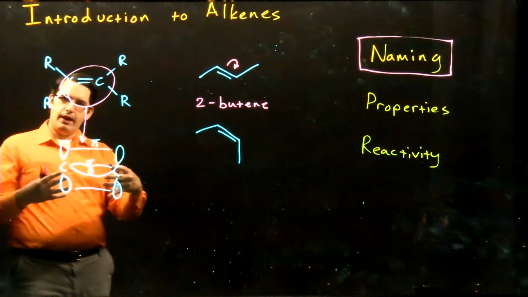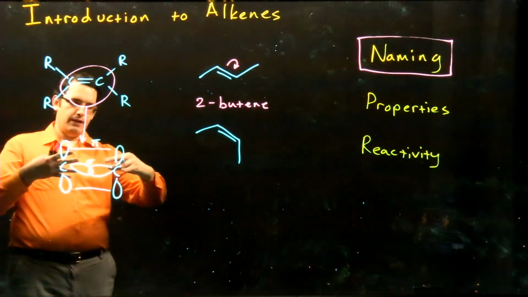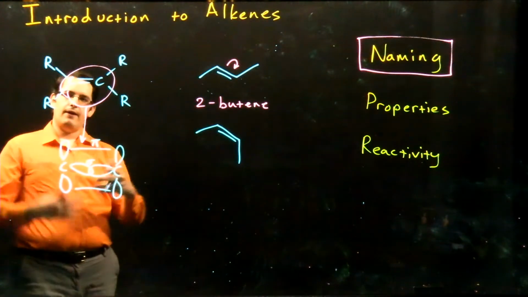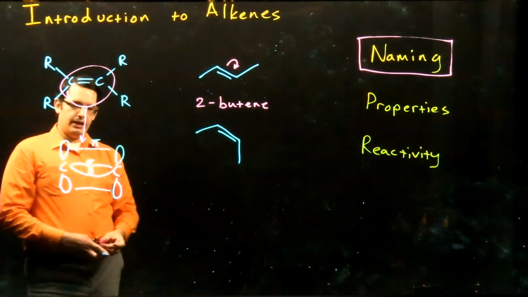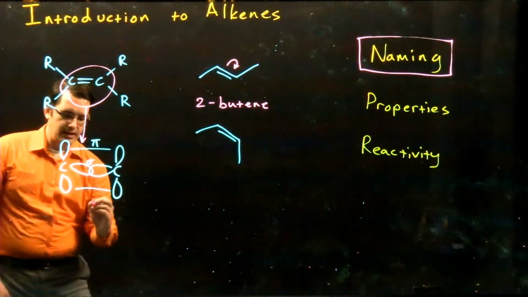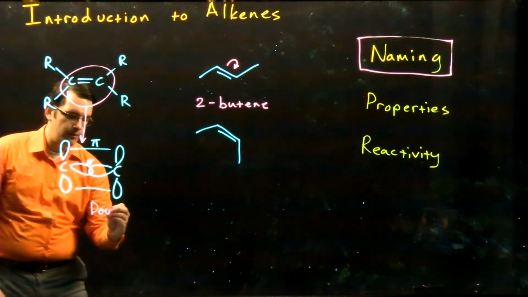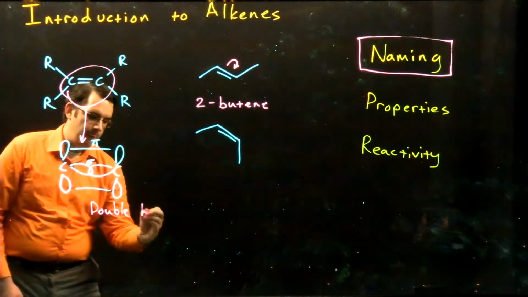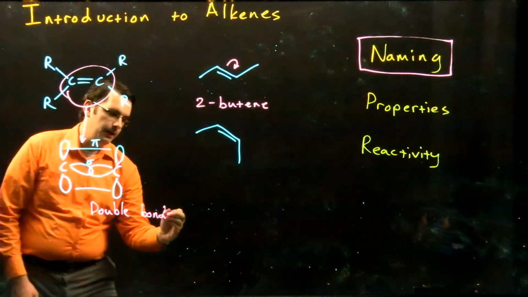Now, since these are overlapping side to side, if I were to rotate this, I would have to break that pi bond. So what that means is that my double bond can't really rotate. So double bonds don't rotate.